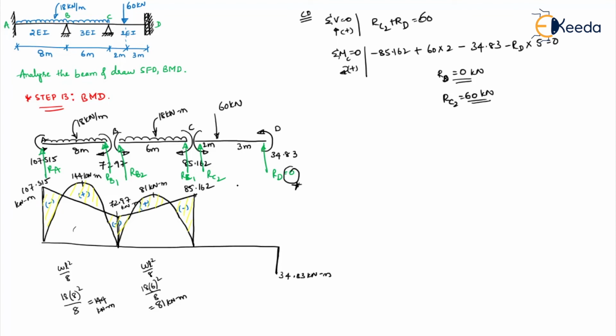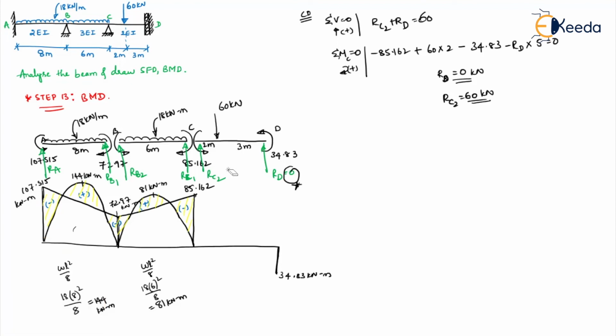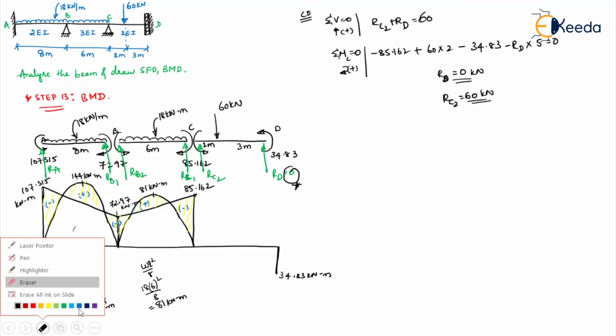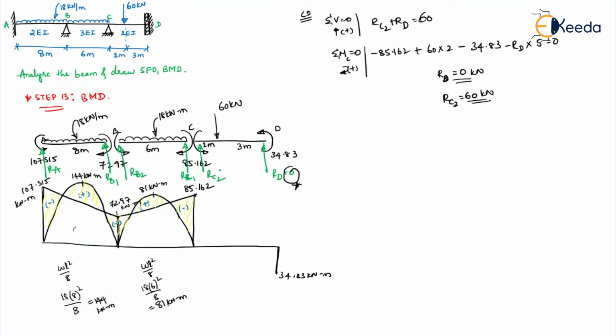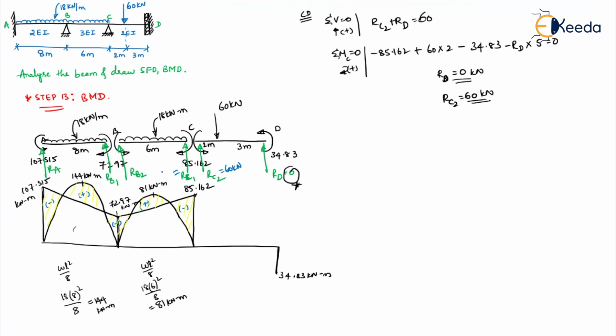Okay, so let us write here. So this is how much. I'll use a different colored pen because your moments are also in black. So what we'll do is reactions, will write it in blue. Right, so this will be how much? 60 kilonewton. So RC1 is how much? 56.032 kilonewton.